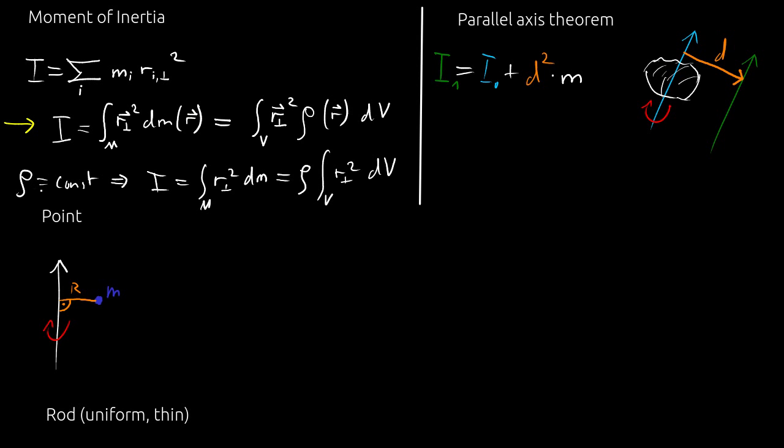In this case we can write it like this: the integral over the mass of r_perpendicular squared dm, and since dm is rho times dV, the density times a volume, we can pull out the density and write it in front of the integral, because it is a constant.